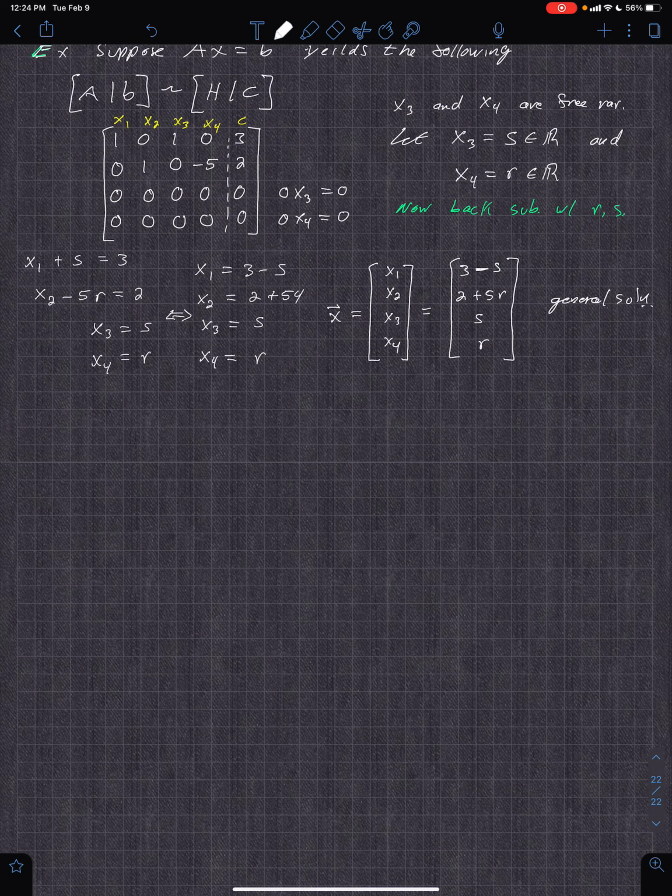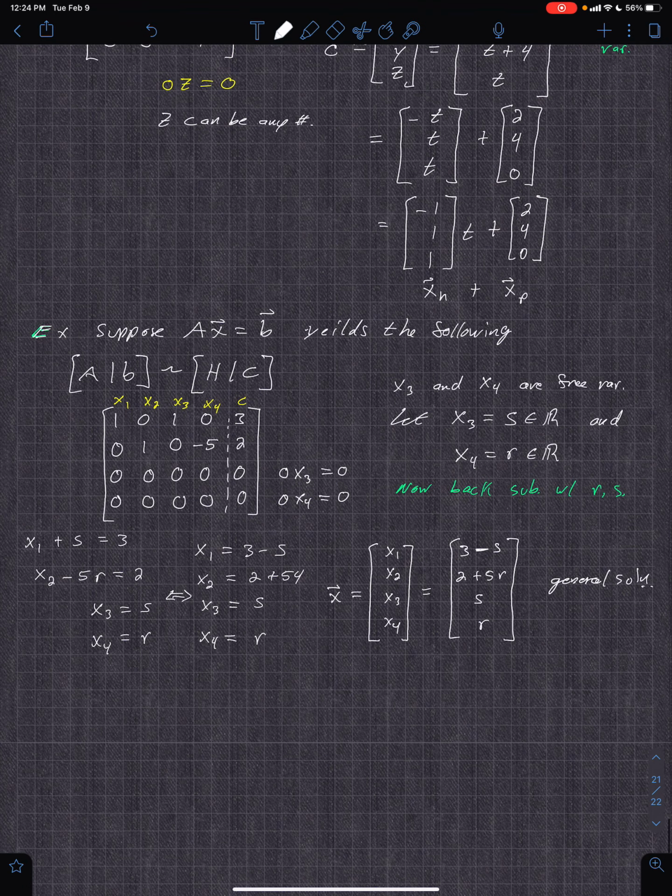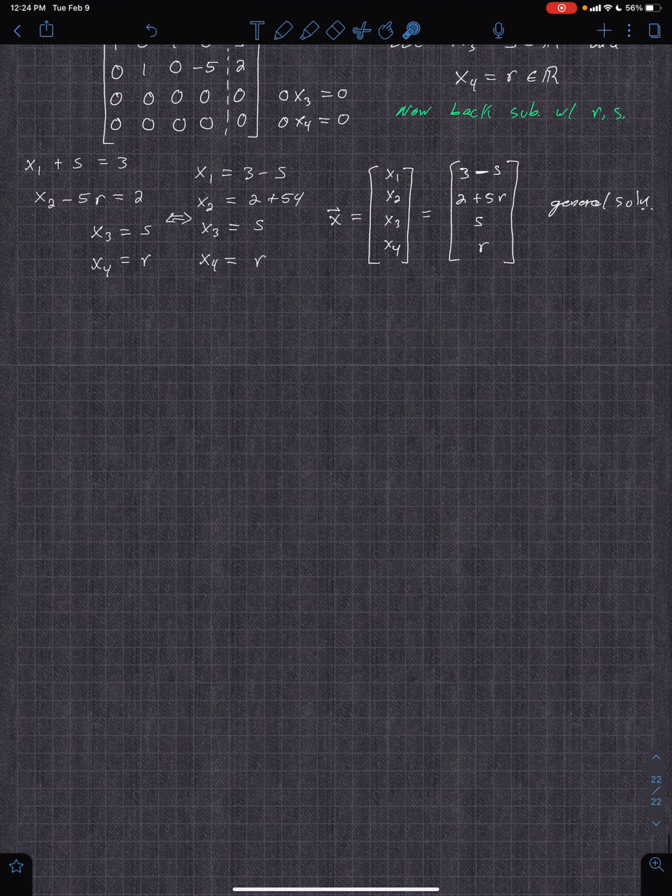And what you can do, and I didn't really mention it back here, but since s and r can be anything, or t in this case up here, you can choose values for r and s and then just get what's called a particular solution. So in this case, even if you zero everything out, you do not get just the trivial case, but a particular solution.